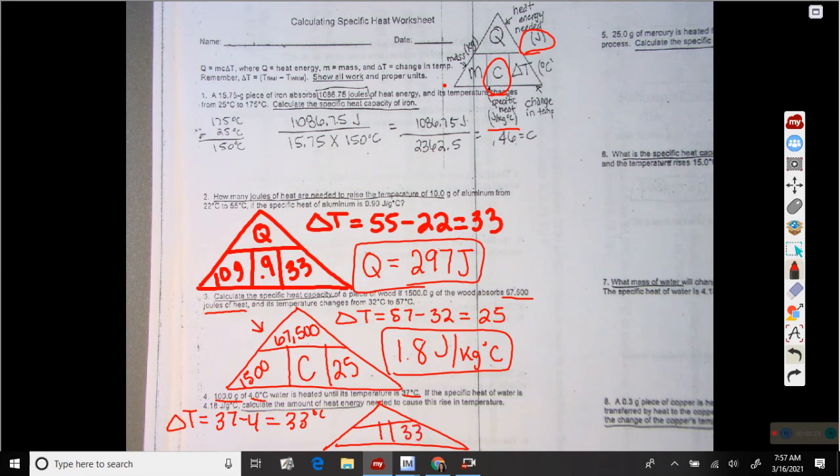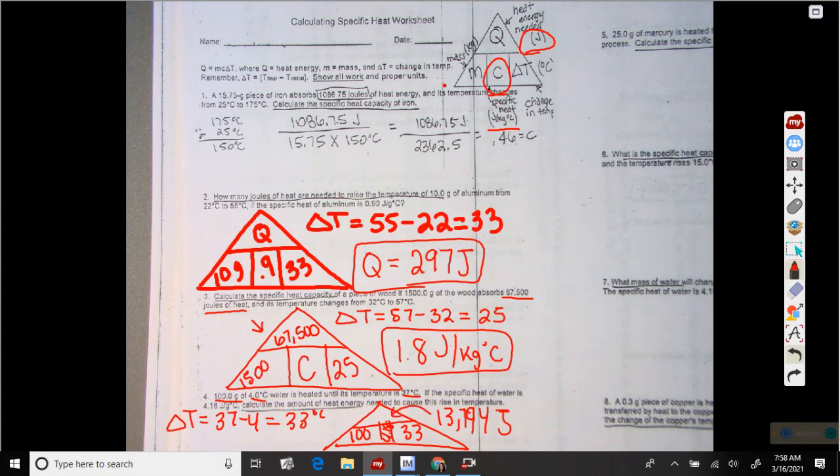I know my specific heat is 4.18. Be sure you're writing all this down in your paper. And my mass is 100 grams. 100 times 4.18 times 33 gives you 794 joules. Okay? And that would be what your answer would be for right here.